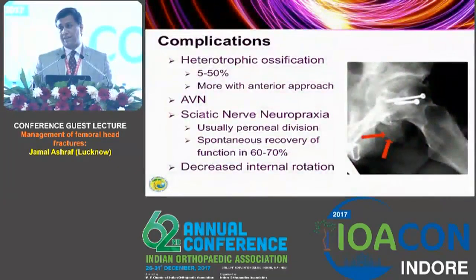Complications that you may encounter include heterotopic ossification, which is more with an anterior approach, AVN, and sciatic nerve neuropraxia, but in 60 to 70% of cases there is spontaneous recovery. Decreased internal rotation would be the commonest complication that you would encounter.